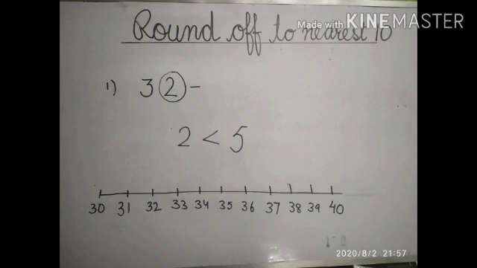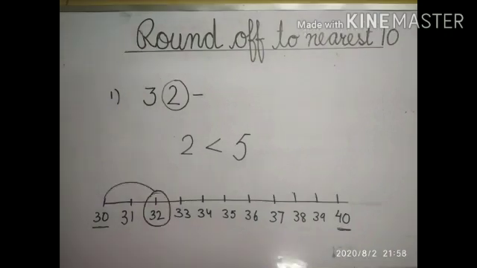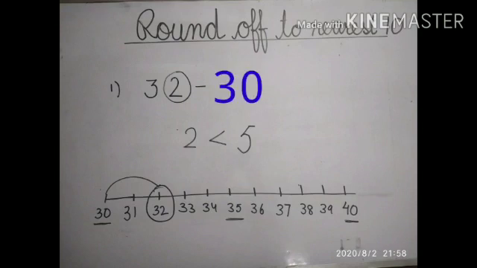We will understand this with the help of a number line. Now we can see that 30 and 40 are the two tens. 30 is the smaller 10 and 40 is the larger 10. Now we will see here 32. 32 is closer to 30 than 40. So now you can see, we will round it off to 30. Understand?